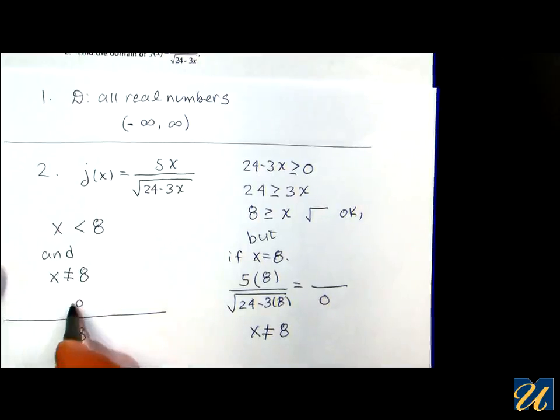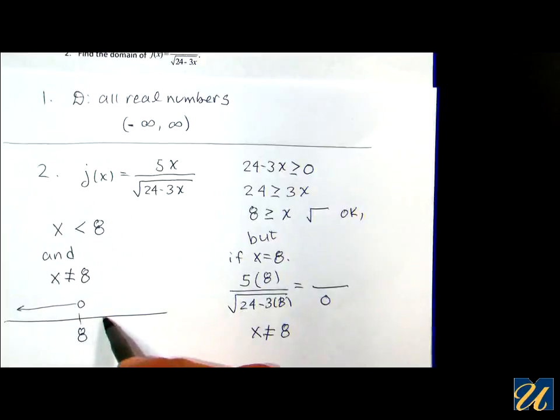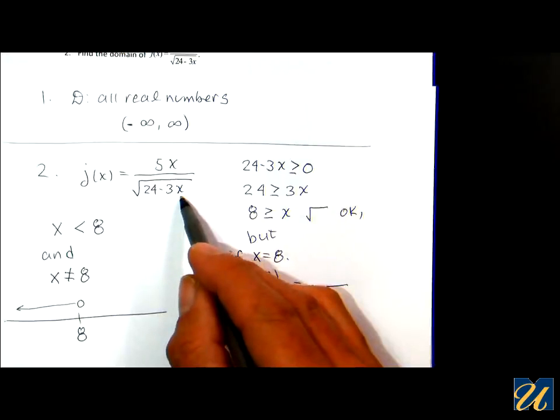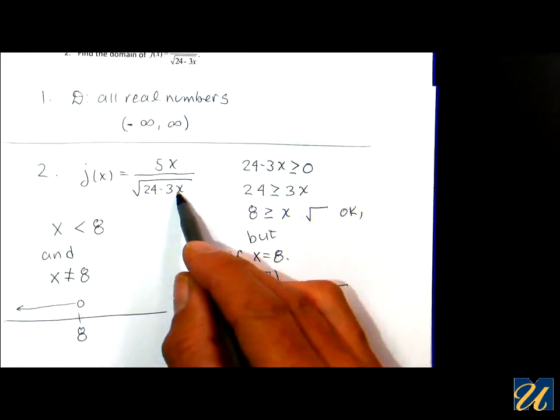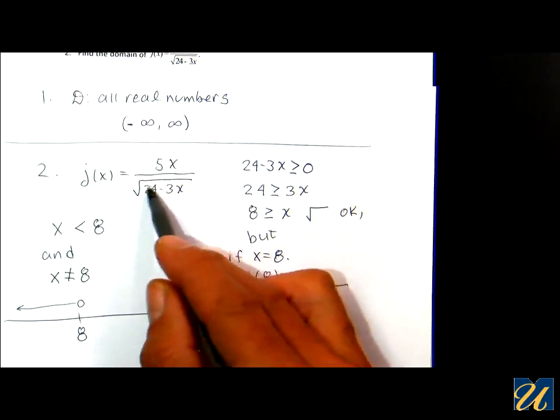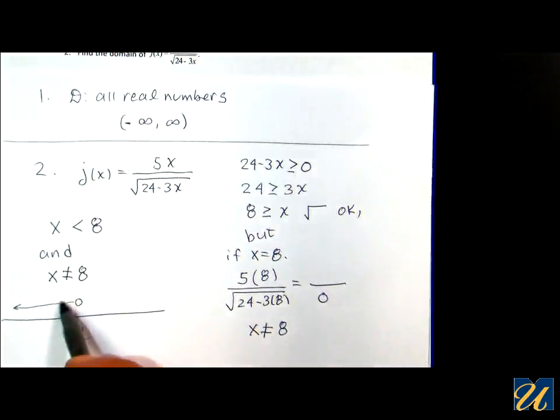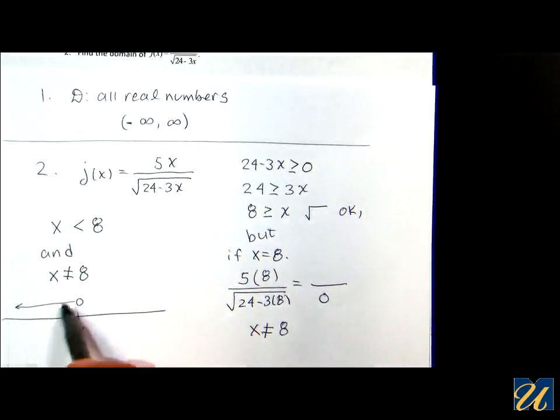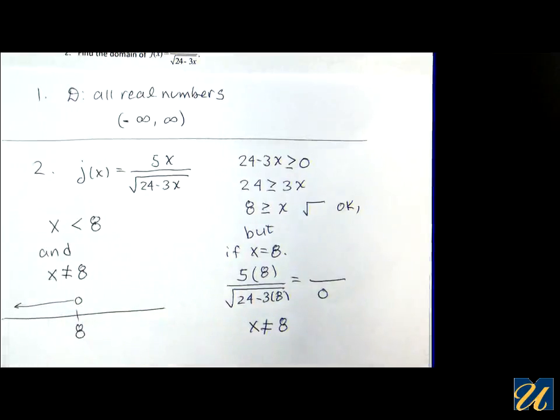But we can have anything smaller than 8. Now, just check that. Suppose we take a number like 9, which is larger than 8. If we substitute 9 in the original, 24 minus 3 times 9 is 24 minus 27. See, that's a negative number in the square root. That's no good. So we are in the correct interval to the left of 8.